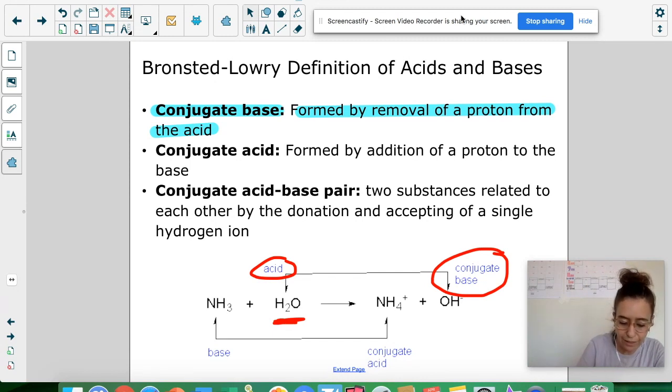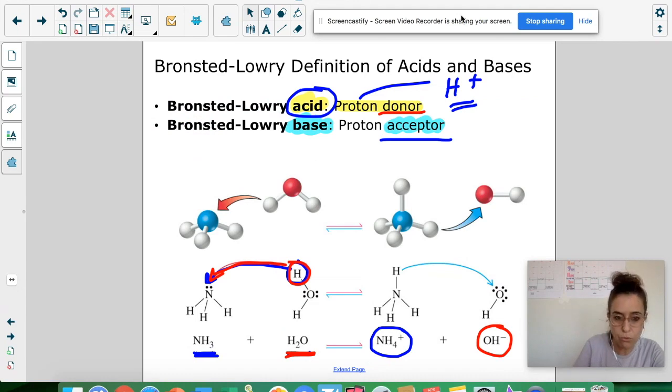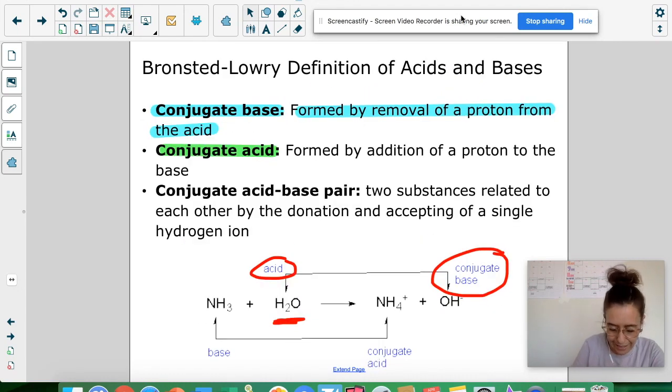Now, what's going to be the conjugate acid? The conjugate acid is the substance formed by the addition of a proton to the base. So in this case, the base was the NH3, because we saw how the NH3 was taking that proton. So the base is the NH3.